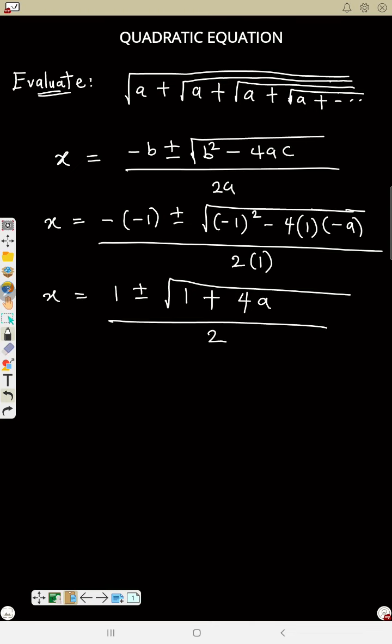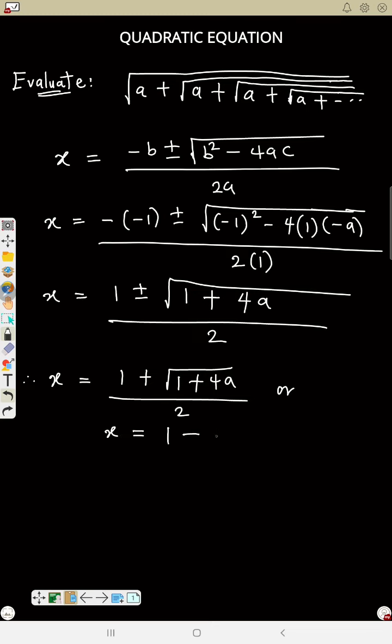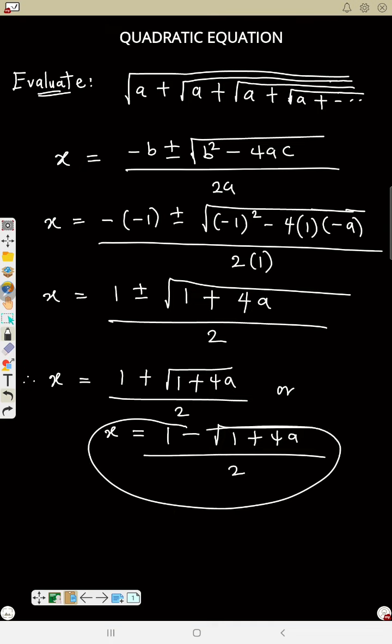So we split it into 2. x is equal to 1 plus square root of 1 plus 4a, divided by 2, or x is equal to 1 minus square root of 1 plus 4a, divided by 2. So now we are going to ignore the negative and take the positive.